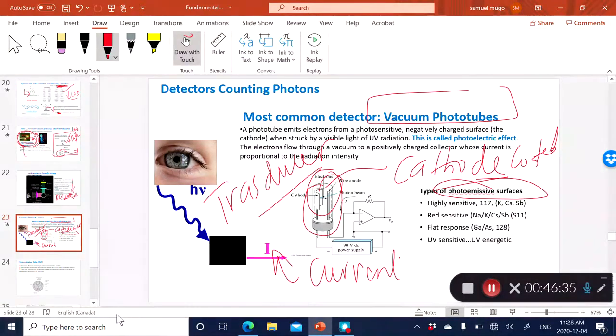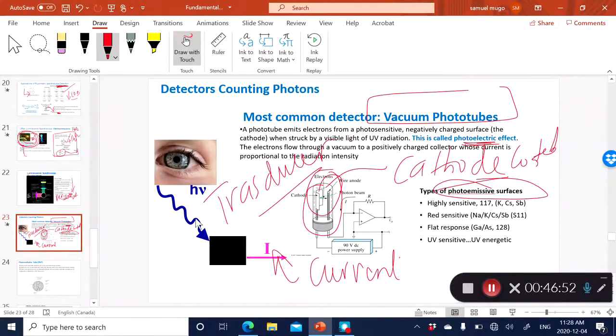A photoemissive surface is a surface that very easily ionizes when you impinge it with light, meaning it undergoes the photoelectric effect.